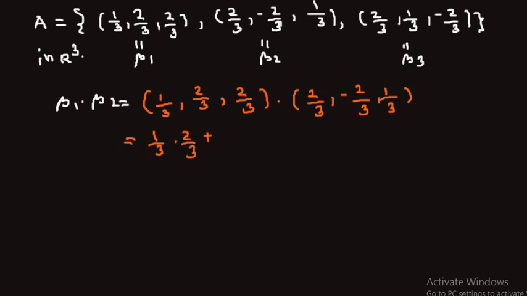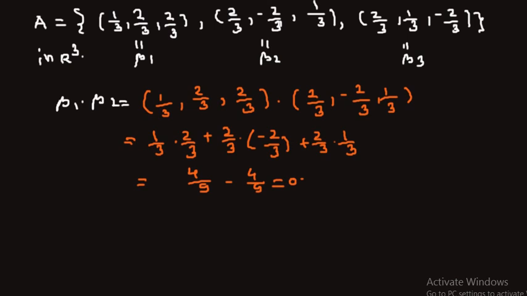This is a component wise multiplication. So 2 by 3 into minus 2 by 3 and 2 by 3 into 1 by 3. You can see that from there we get 2 plus 2 is 4 by 3, 4 by 9, and here we get 4 by 9, so this gives us 0. I will not repeat this whole thing again.